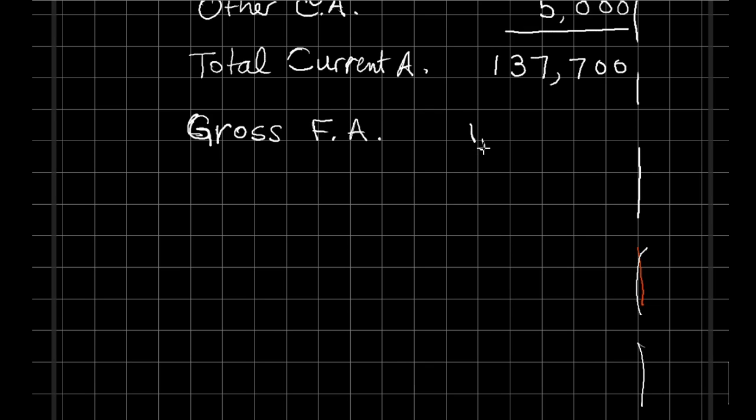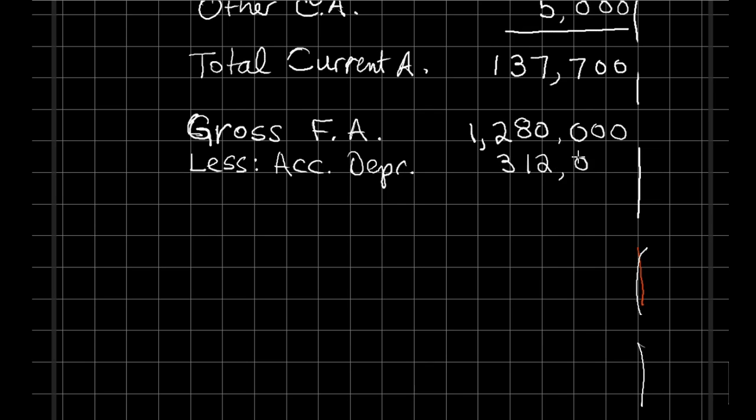That's a big number, decidedly big number compared to current assets, $280,000, and then less accumulated depreciation, which is a contra asset, as we would call it. So that's important, in the amount of $312,000. Because it's a contra asset, we need to put brackets around this number.